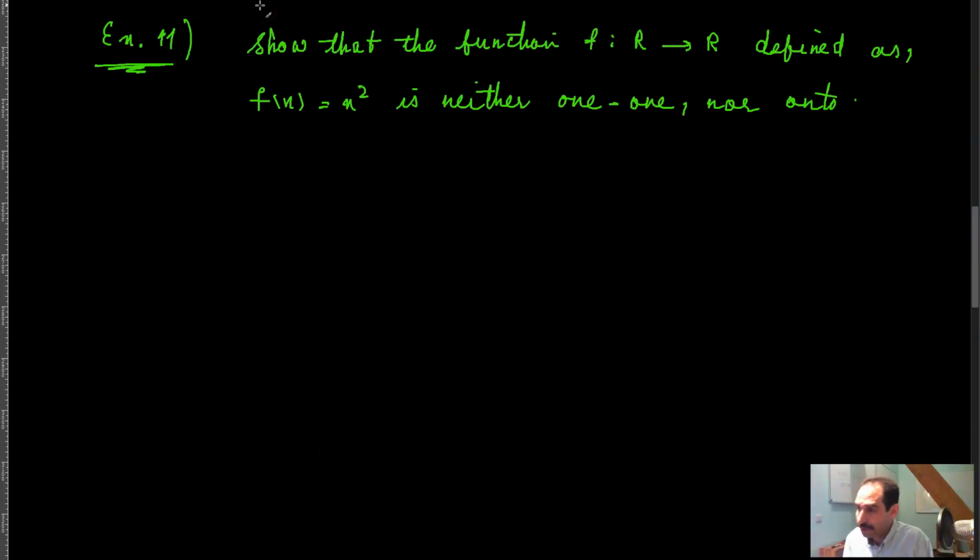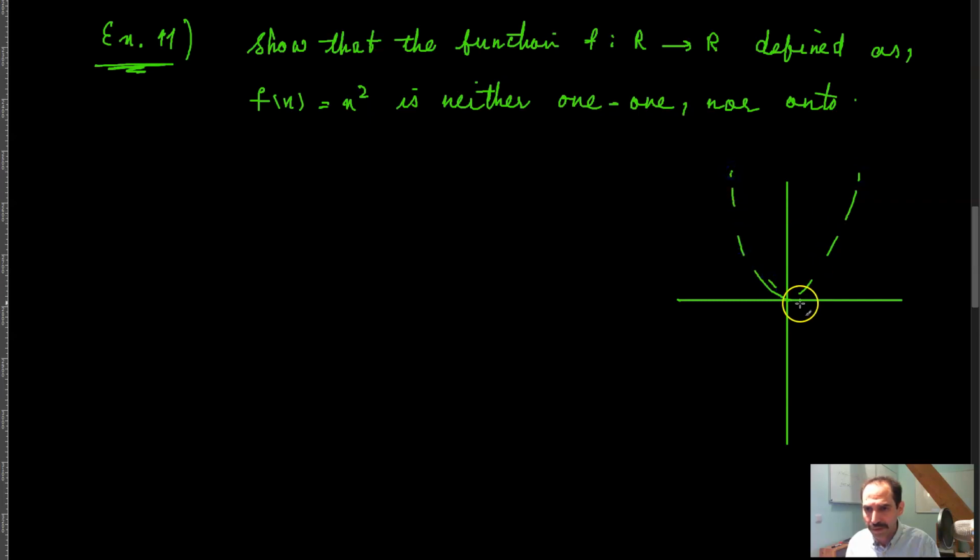Okay, so the line of reasoning that you can write for this is that f of x is equal to x squared, and the function would be something like this.